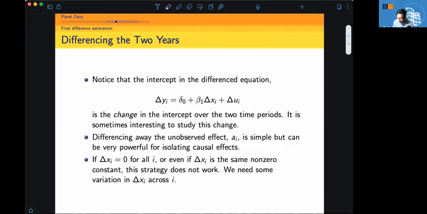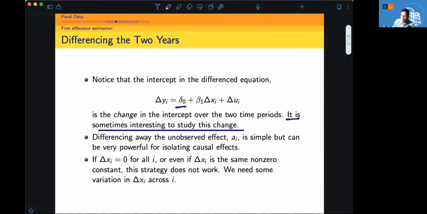All right. After the first differencing, notice that the intercept of the difference equation is actually the change in the intercept over time. Although it seems simple, it's actually interesting to study the change in the constant.